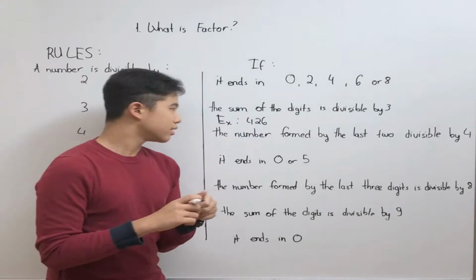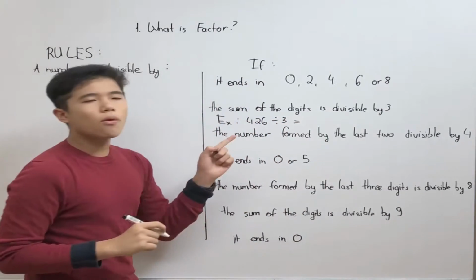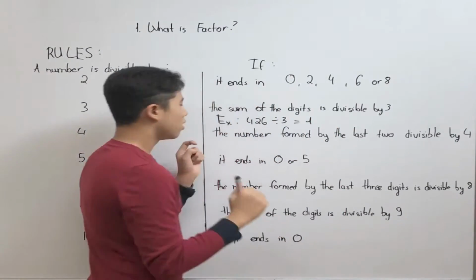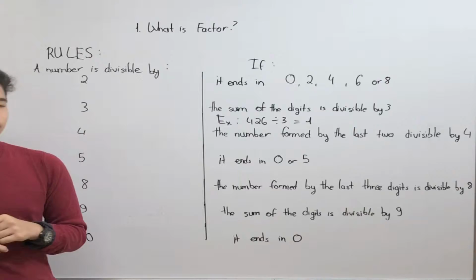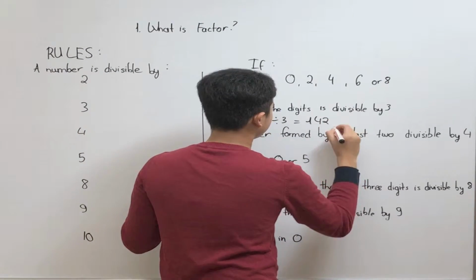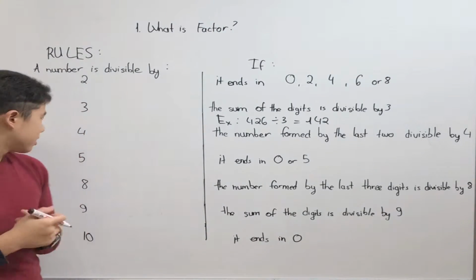Let's calculate it to make sure that this is correct. 4 divided by 3 is equal to 1. 12 divided by 3 equals 4. And 6 divided by 3 equals 2. So the answer is 142, so we are correct.